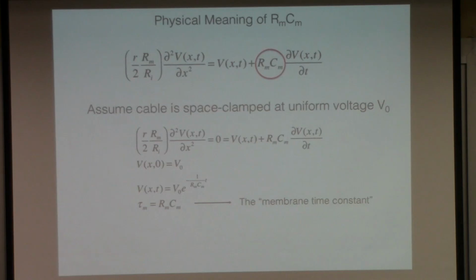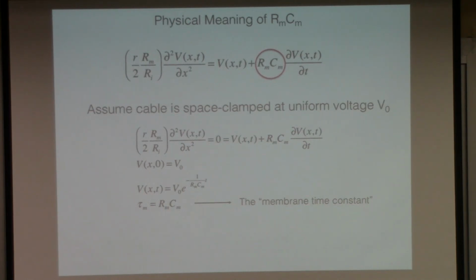And the key idea here is that the time constant of that decay is the product of the specific membrane resistance times the specific membrane capacitance. It's known as the membrane time constant. Yes? So intuitively, the reason it decays exponentially is because of the capacitor, right? It's because the only path for charge to be removed from this cable is through a parallel RC circuit.